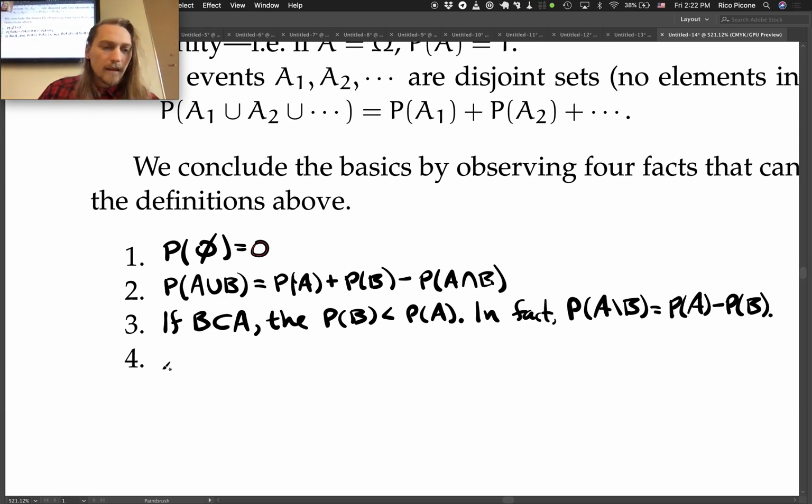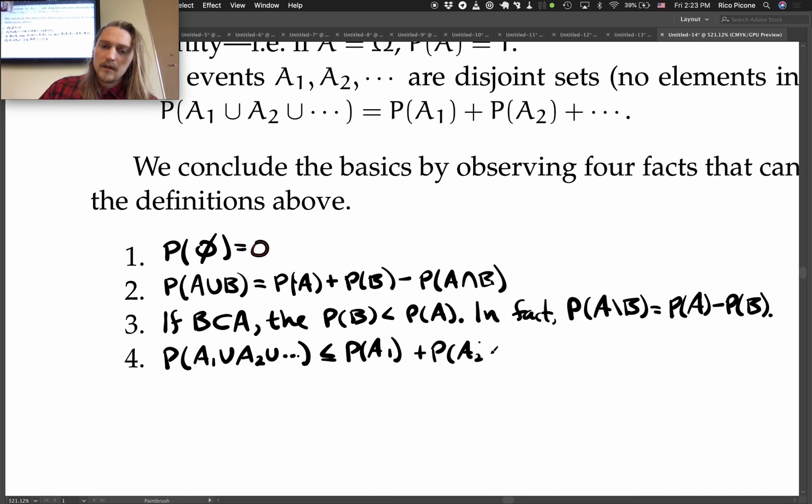Four, we also know that the probability of event A1 union A2 union, continued on, is less than or equal to the probability of event A1, plus the probability of A2, etc. Okay, so those are some basics with probability theory.